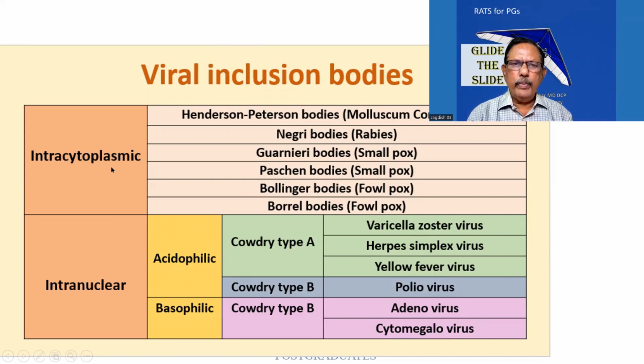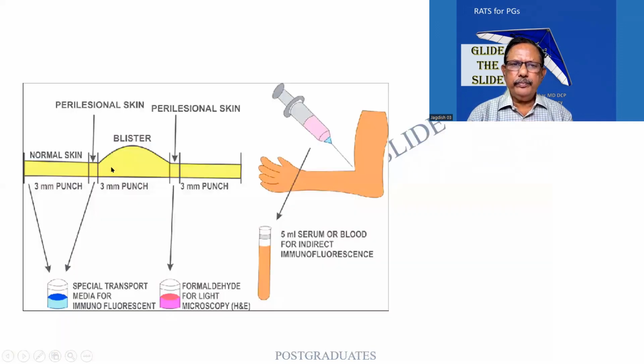This is intracytoplasmic inclusions. And how is this Tzanck smear being done? There is a blister and then there is a punch or a slit that is made and the serum can be taken for fluorescence. But then what we do is, with the help of another slide, a smear is made.